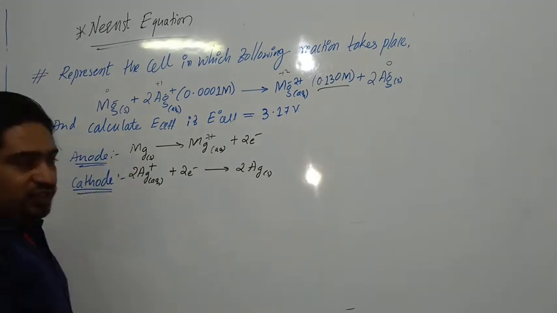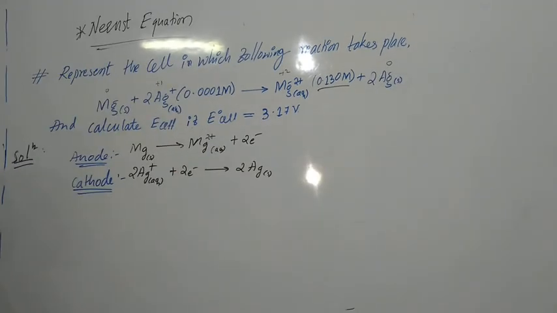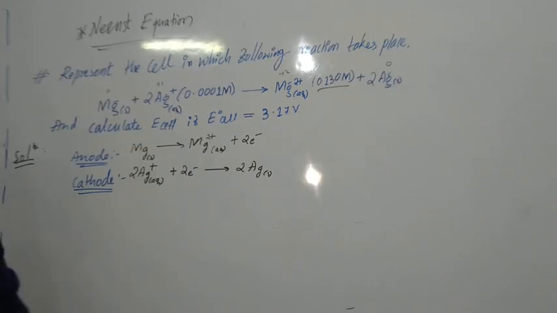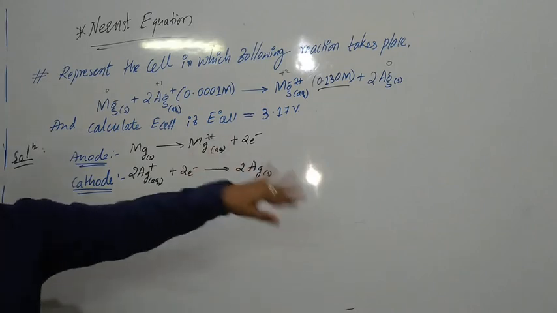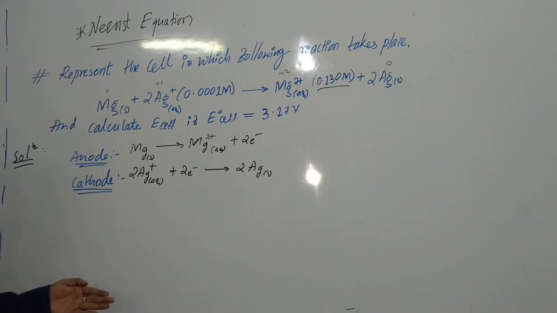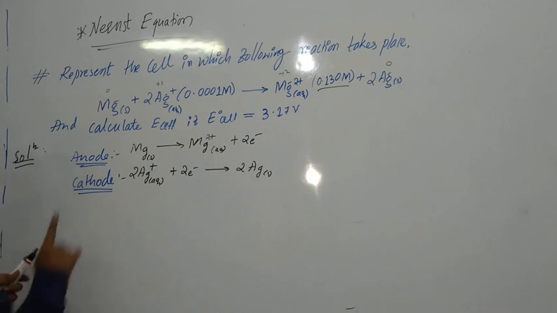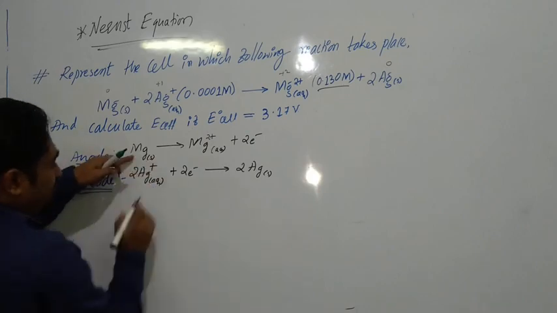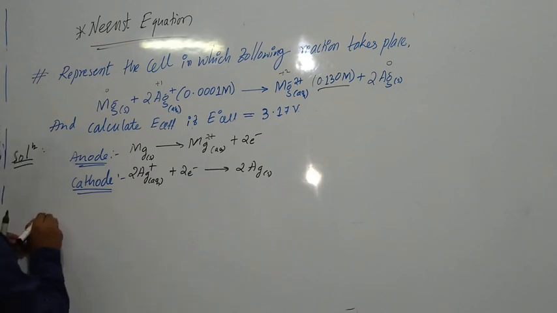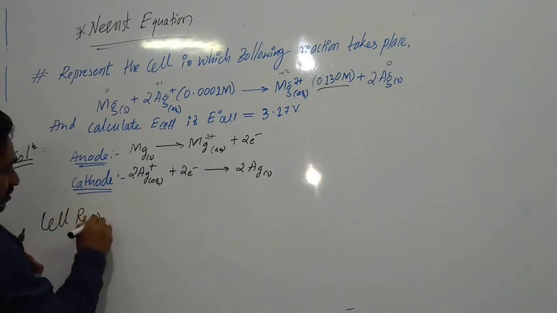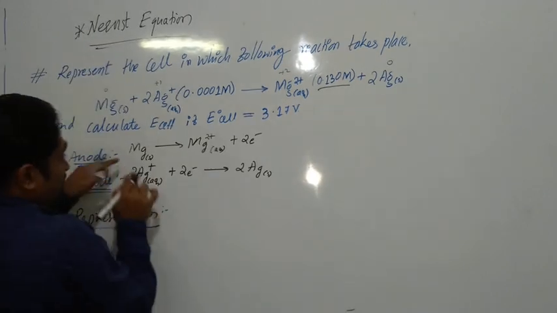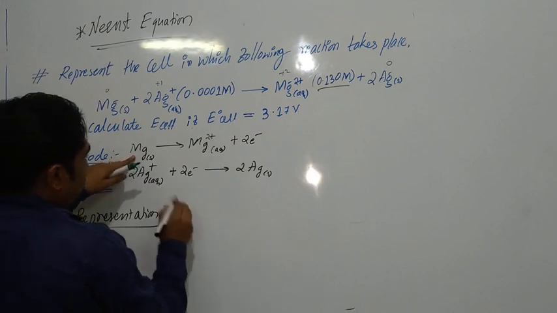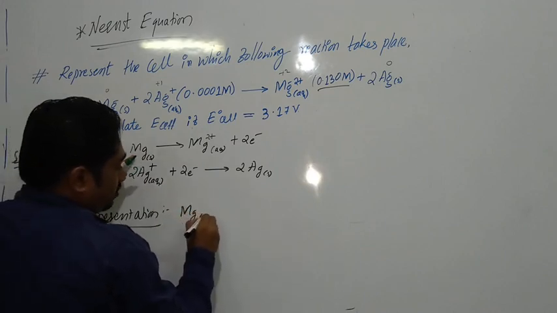So now it becomes very easy to represent the cell. Do you remember how to represent a cell? The cell is represented as the anodic electrode, separated by a salt bridge, then the cathodic electrode. In the anodic electrode, first we have to write the metal. In this order only we will write. So cell representation: at the anode I have taken magnesium metal.